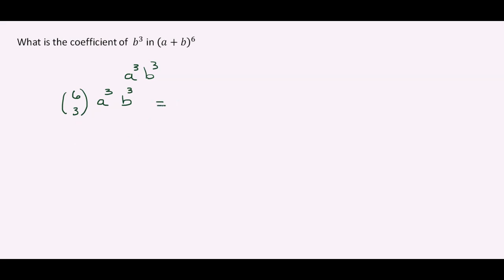So this is going to give us 6 factorial divided by 3 factorial, and then 3 times 2 times 1, which is going to give us 6 times 5 times 4 times 3 factorial divided by 3 factorial, and then 3 times 2 times 1 is 6.